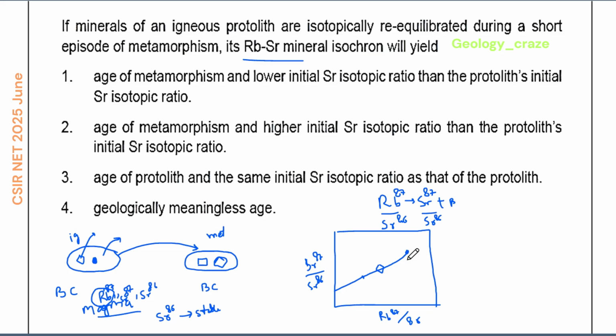Suppose it falls in this way, and this point will tell us about the source rock, how much Sr-87 or Sr-86 it had. In this way we will calculate the age of the source rock.